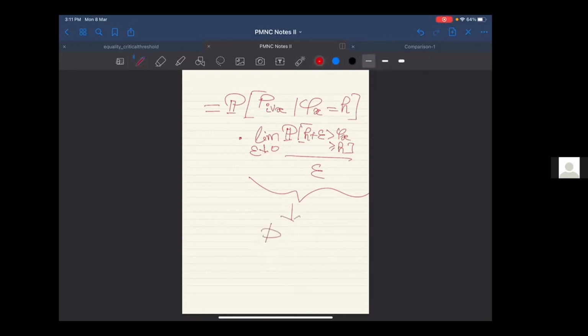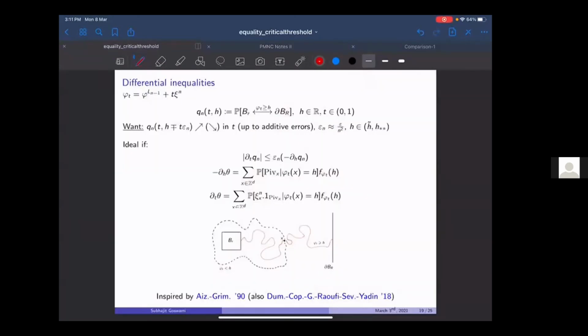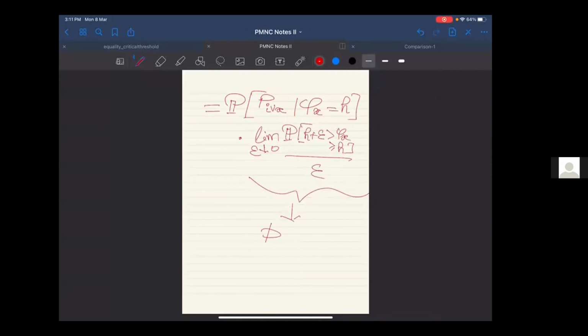By definition, the underlying probability density. So let's say F of phi at H, that's the density of phi at H, the density of the probability distribution.